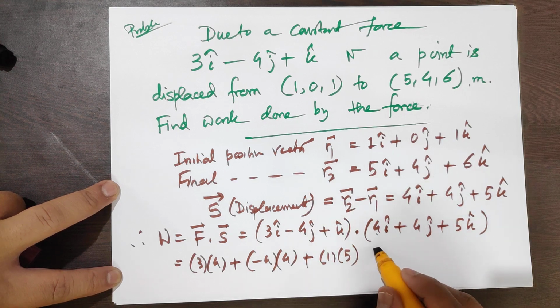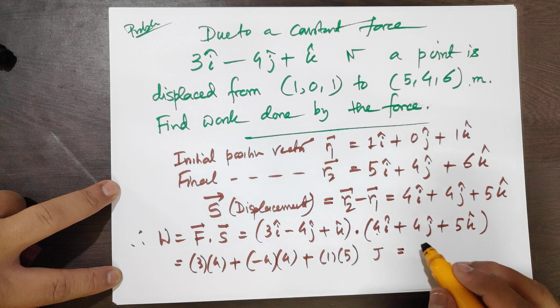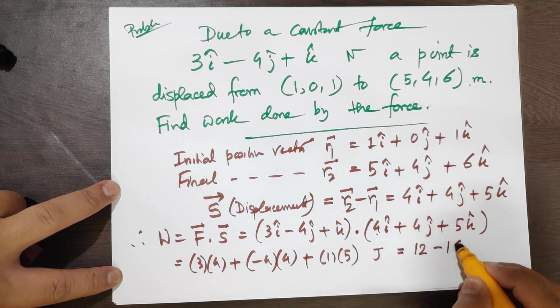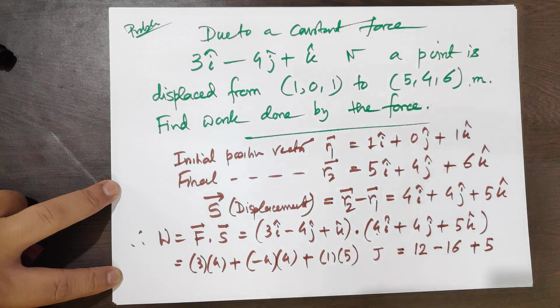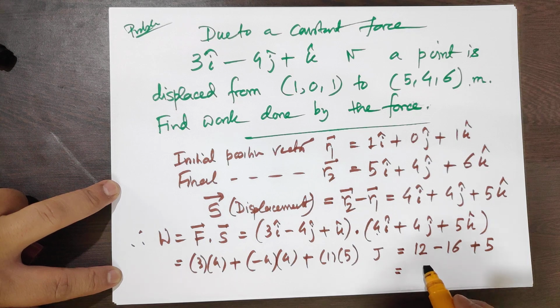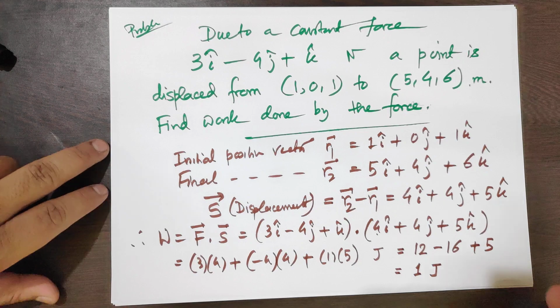So this much Newton meter, meaning joule. So that's 12 minus 16 plus 5. How much is that? 1 joule. So the work done in this case comes out to be 1 joule.